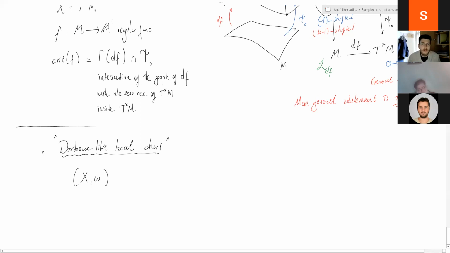You cannot distinguish them locally, so you need to look at global properties, because locally you can always find a Darboux chart. A similar statement is true in this generalized setup. So sometimes it is called generalized symplectic geometry, because it generalizes the usual symplectic geometry in the smooth category. Okay, fine, maybe I should stop here.